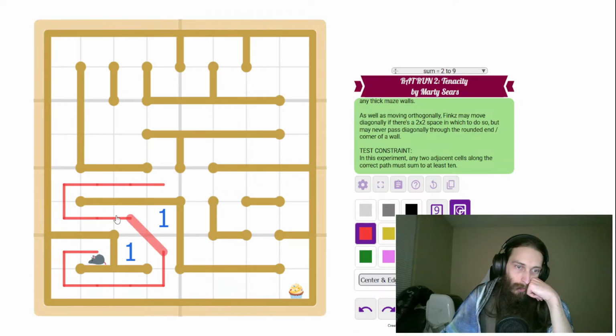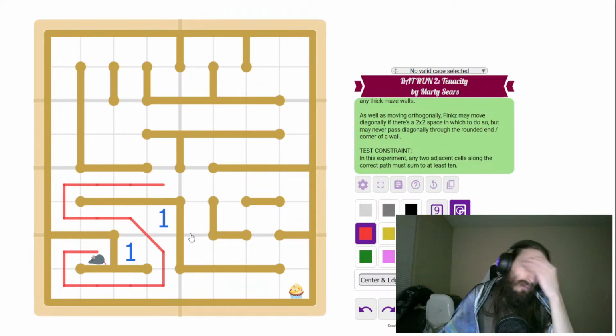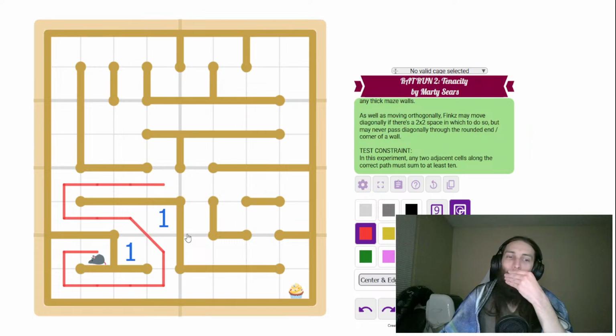And since 1 can't be on the path, there's our diagonal. Things get a little trickier here. So maybe we work from this end of things.